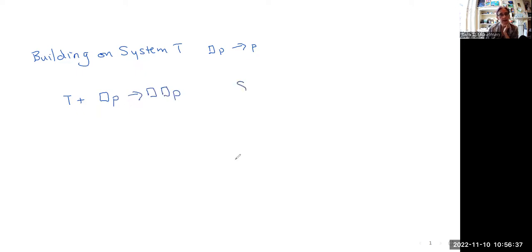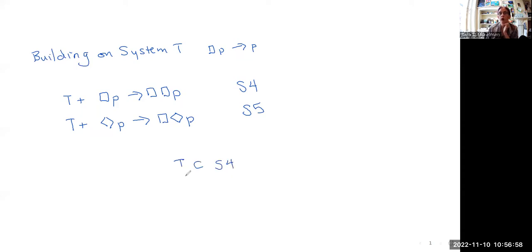And then our 2 options are we can add to T necessary P implies necessary necessary P. This is system S4. Or we can add to T possibly P implies necessary possibly P, and this is system S5. Now, S5 is strictly stronger than S4. So we've got our inclusion relation.